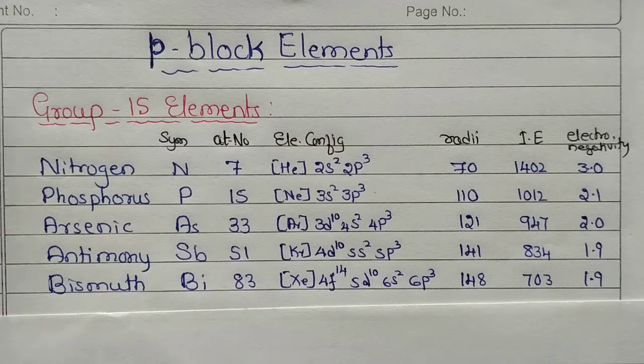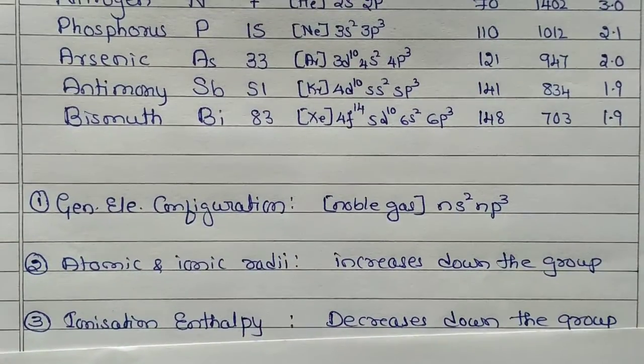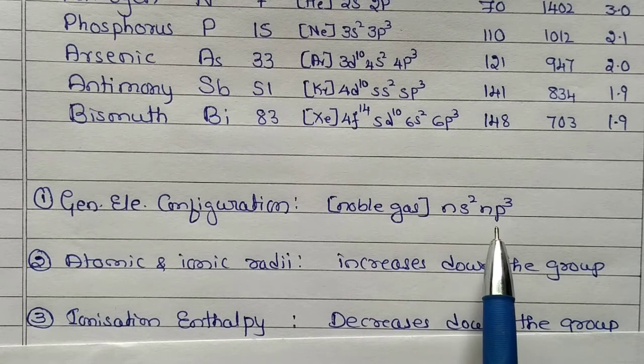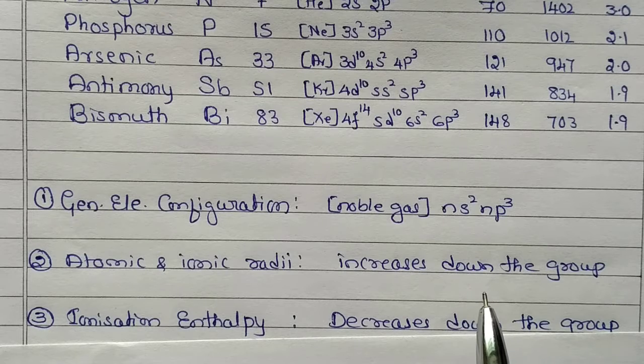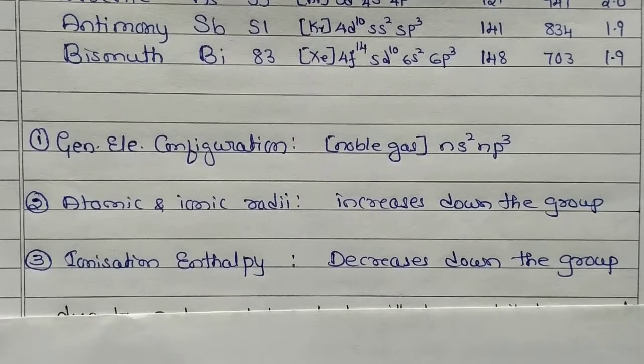Just once again, general electronic configuration is noble gas ns2 np3. Atomic and ionic radii increase down the group. The reason, as we already studied in first PUC, is that as the atomic number increases, the number of shells increases, hence the radius increases. Ionization enthalpy decreases because the size increases.